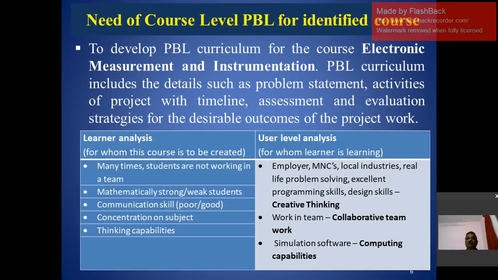Now, what is the need of PBL? To develop a PBL curriculum for the course electronic measurement and instrumentation, the PBL curriculum includes details such as problem statement, activities of the project with timeline, then assessment and evaluation strategies for the desirable outcomes of the project work.